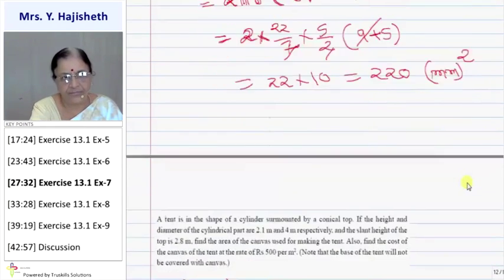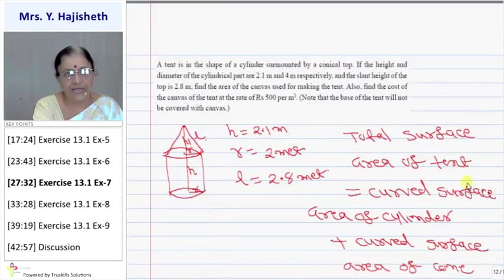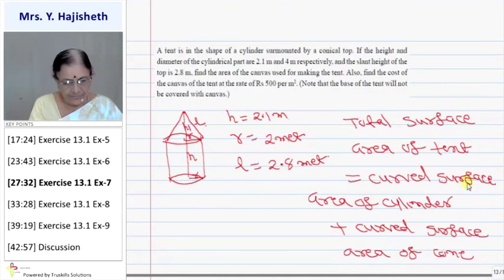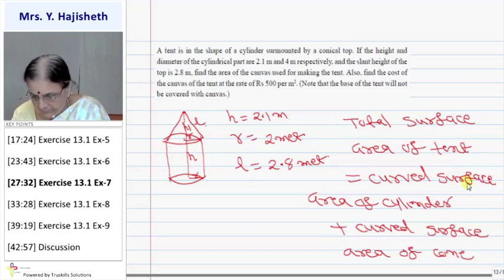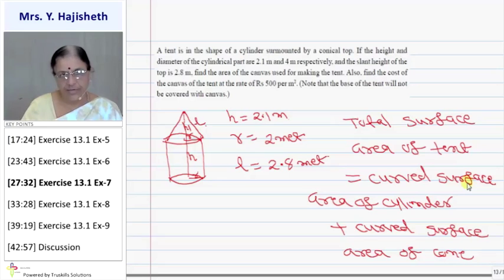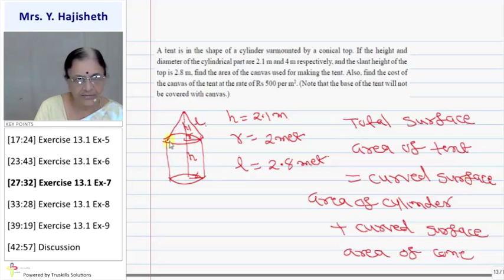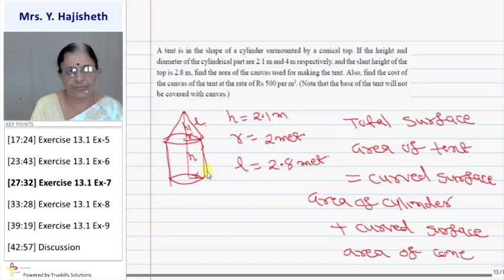Clear? Now see, have you seen a tent, circus tent? What is the shape of the tent of a circus? It is cylindrical at the bottom and top is conical. Okay? Cylindrical from the bottom and conical from the top. Let me draw it again.